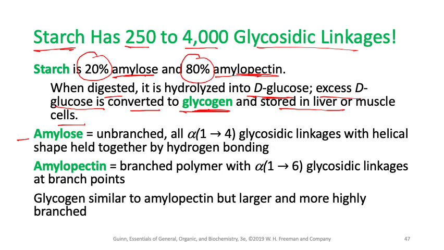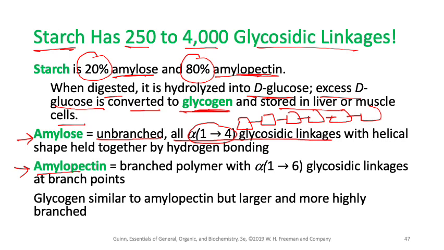Now let's talk about the two components of the starch, amylose and amylopectin. Amylose is an unbranched chain, all alpha 1,4 glycosidic linkage, meaning between every glucose molecule you have an alpha 1,4 bond. Second is amylopectin.